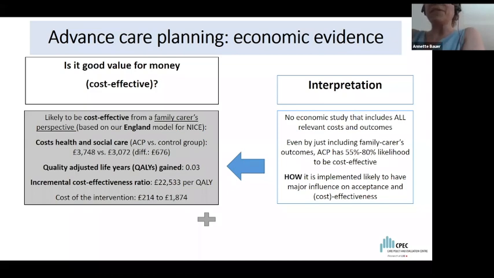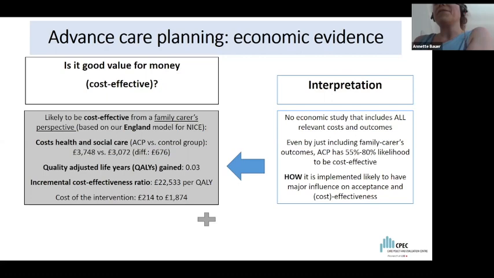So the incremental cost effectiveness ratio, and that's what you get when you divide the difference in cost of the 676 by the 0.03, was 22,533 per QALY. And according to the NICE threshold, that suggests that it's cost effective. So the thresholds are typically between 20,000 and 30,000 for NICE. So anything that falls in that kind of range is considered cost effective.